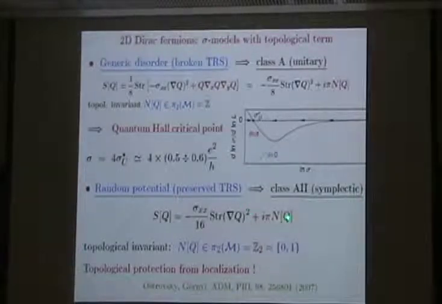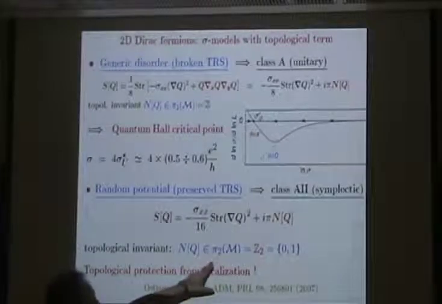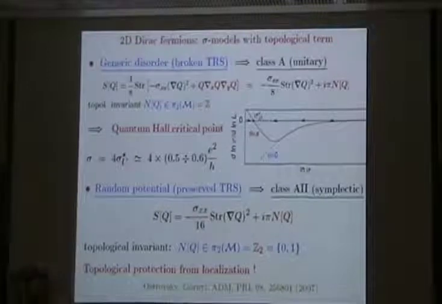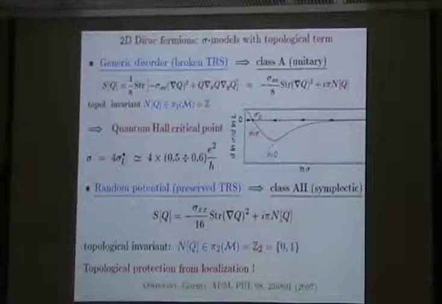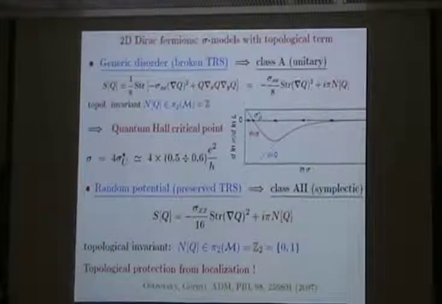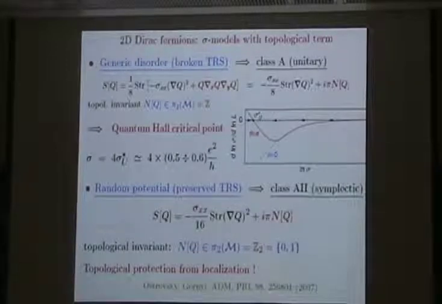And in addition, when we derive the sigma model, it turns out that we again obtain the topological term. And this topological term is different because for this symplectic class, the corresponding pi2 homotopy group is not Z, it's Z2. So this topological term may have only the coefficient 0 or pi, and here it is equal to pi.